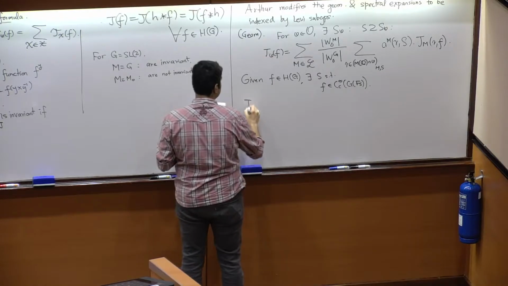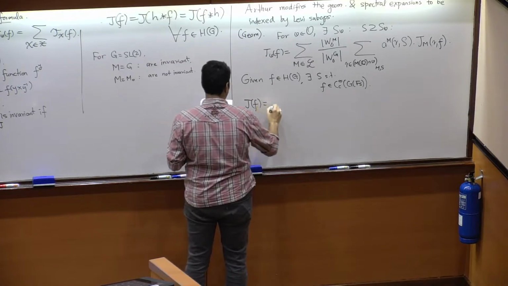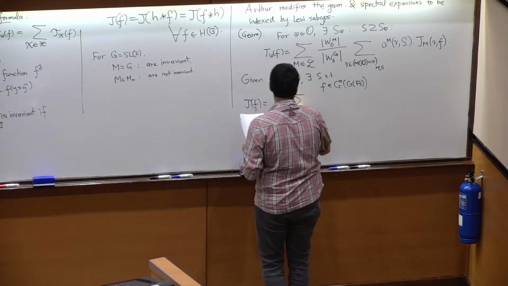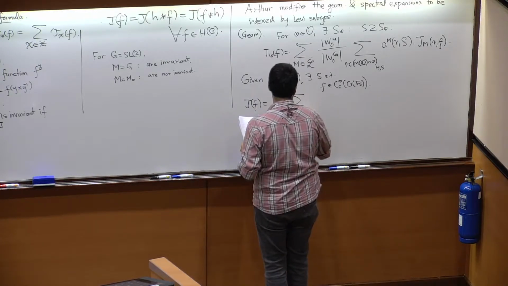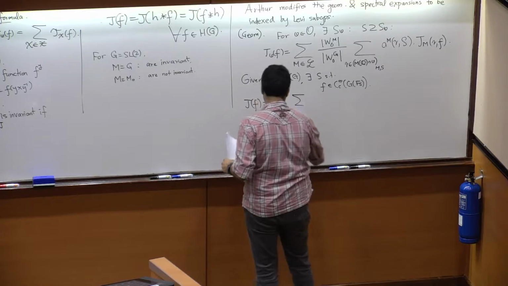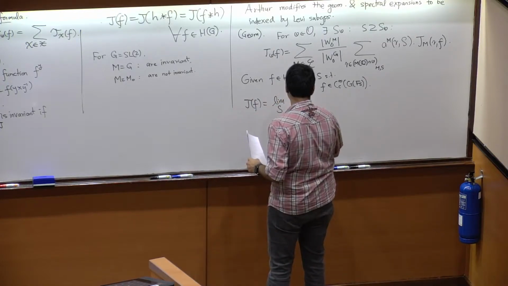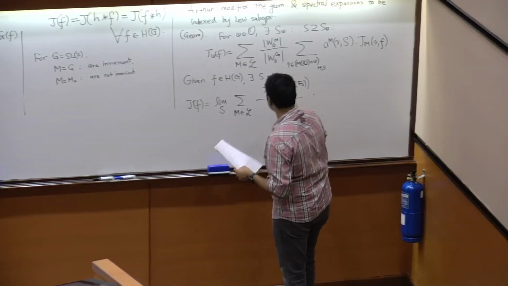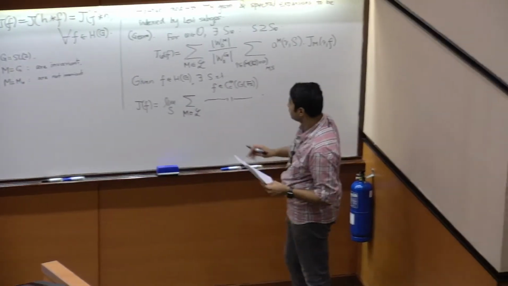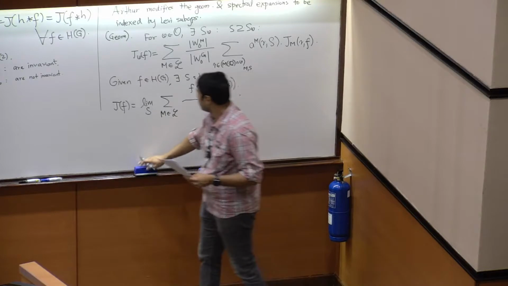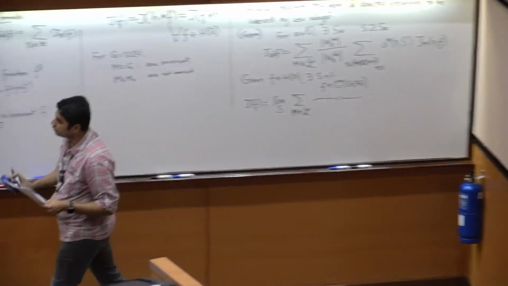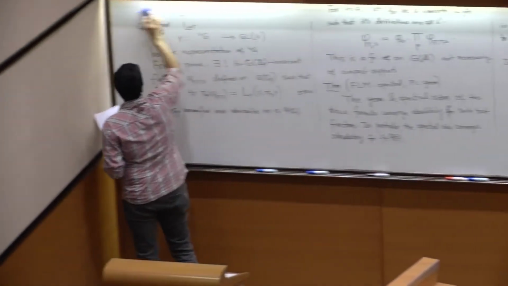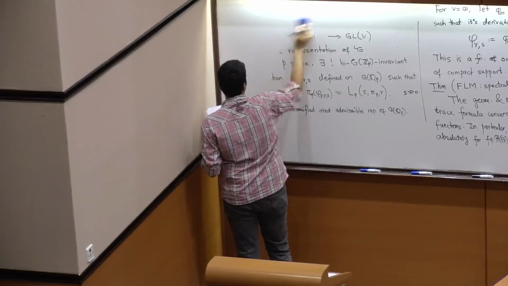So you can write this J(f) in general as a limit over S of the sum over M in L of all these, same as above. So this is the sum over M in L, and now I will do the same thing for the spectral side. I will write it as a sum over standard Levi subgroups.